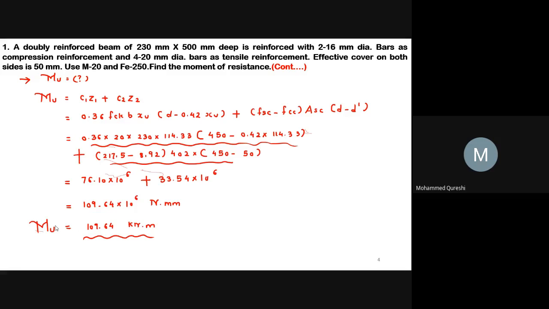So these are the basic steps to solve the problems related to the doubly reinforced concrete beam. Now we will go for another example. An RCC beam is 240 mm wide and 500 mm deep overall.